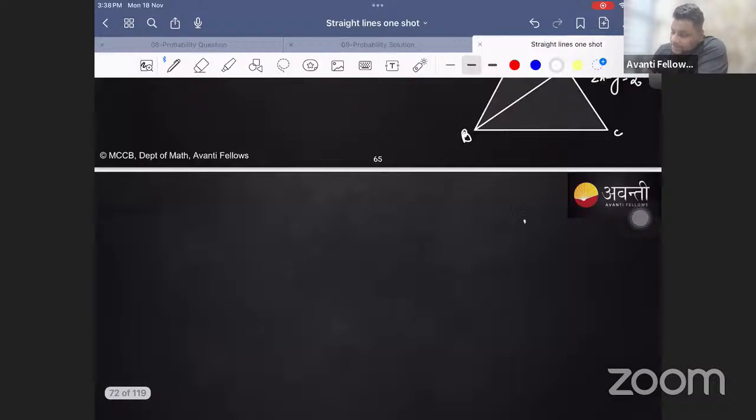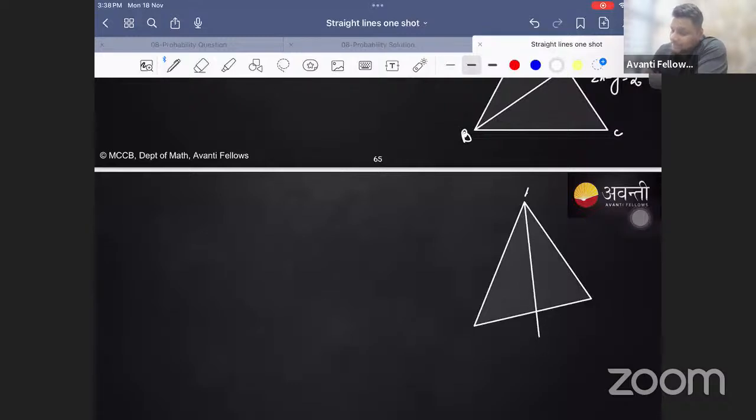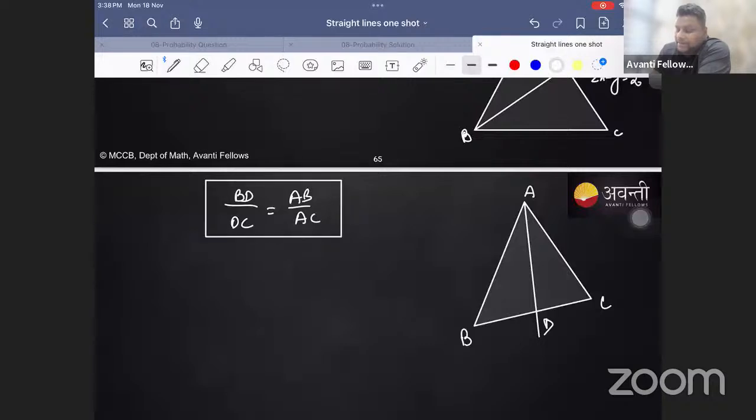I repeat, the angle bisector divides the opposite side in the ratio of the sides containing the angle.